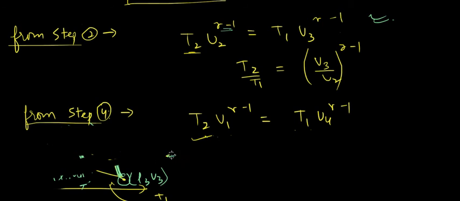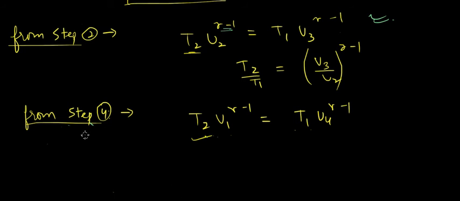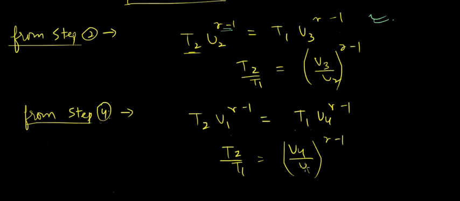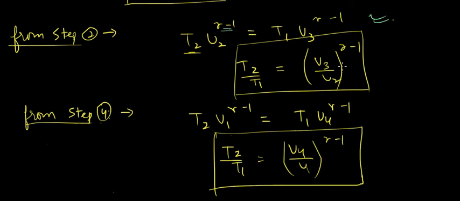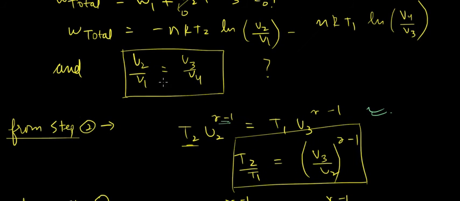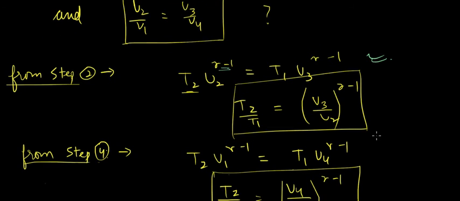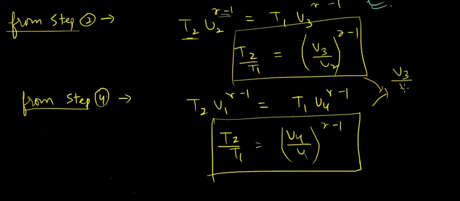Just erasing it again. So now we have just equated the equations. From here we can write that T2 upon T1 again can be written as V4 upon V1 to the power gamma minus 1. So from these two equations we can write that V3 upon V2 is equal to V4 upon V1.